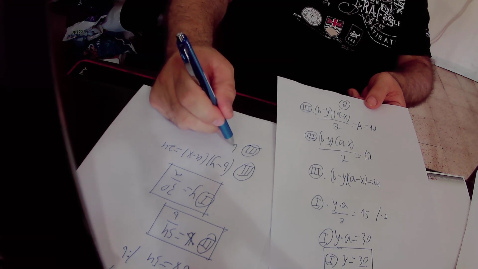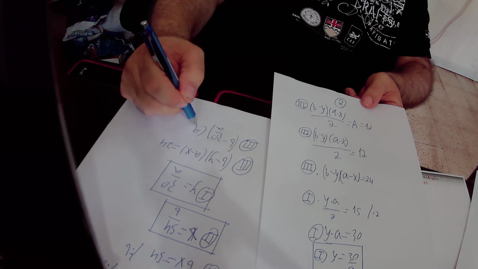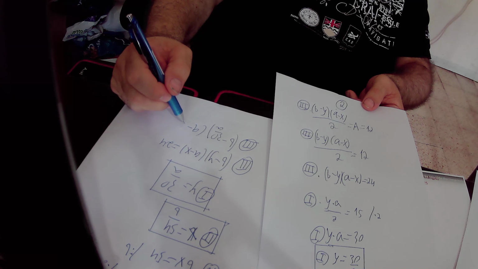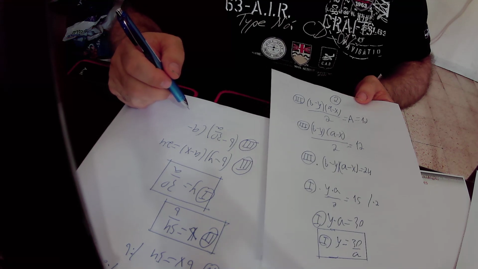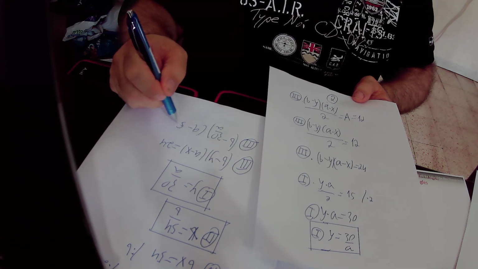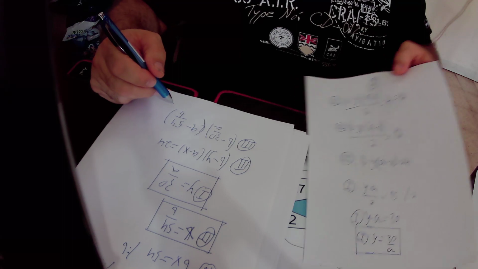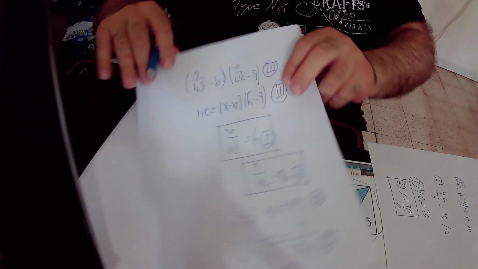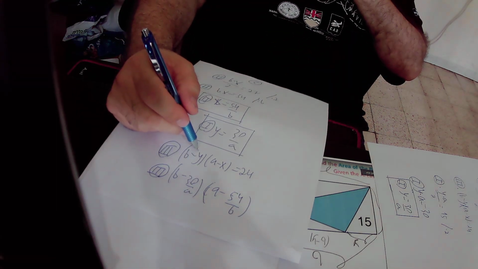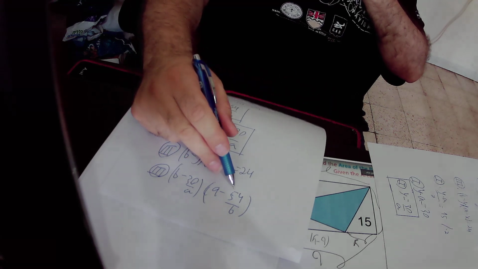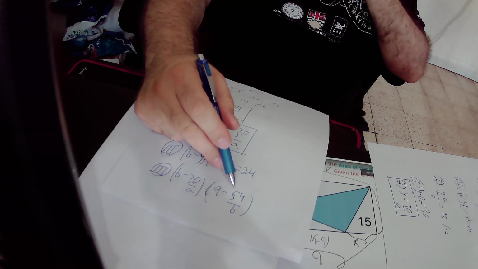The third equation, so as I have already told you, we substituted y by 30 over a and x by 54 over b.